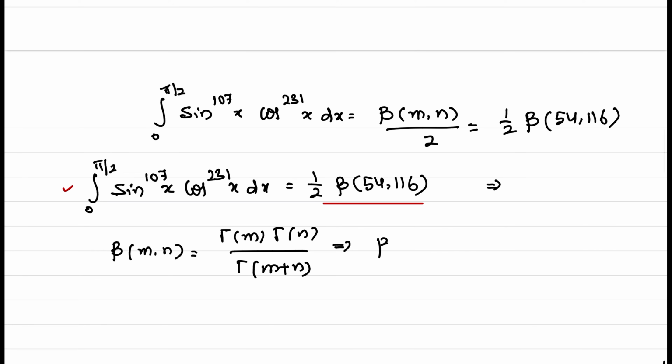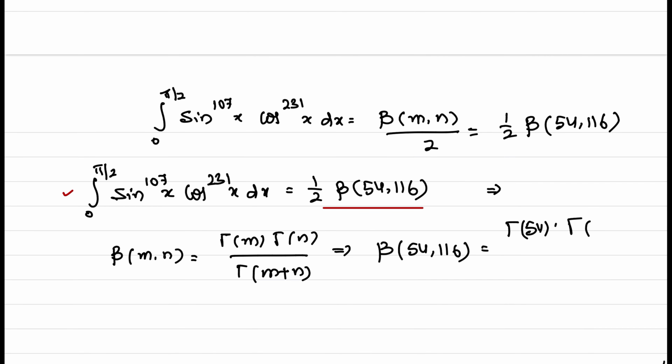That implies beta 54 116 is equal to gamma 54 into gamma 116 whole divided by gamma 54 plus 116.